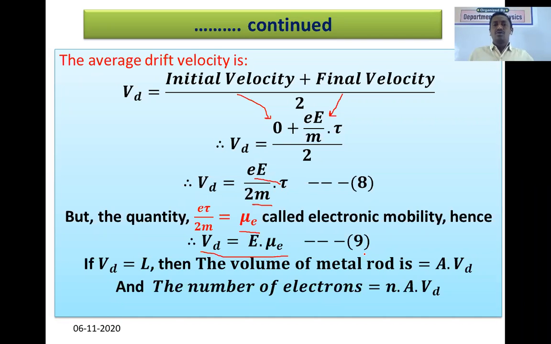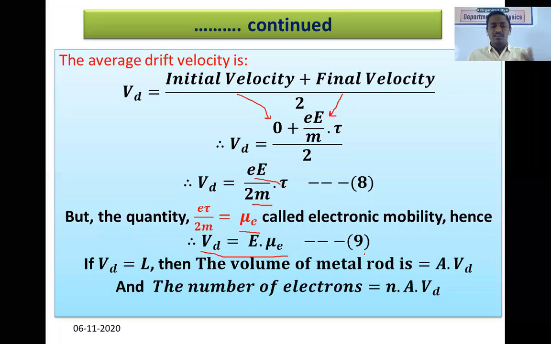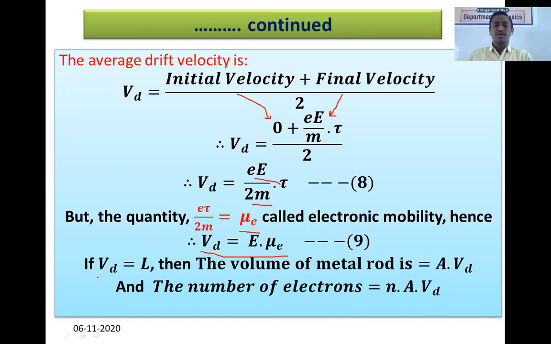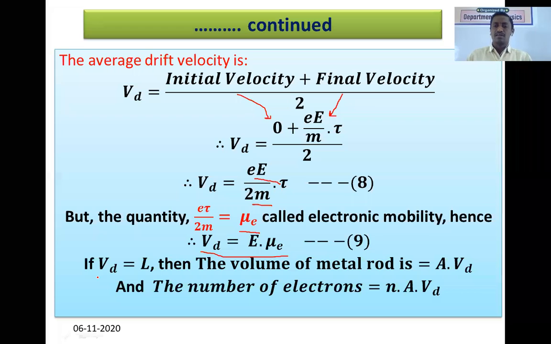Up to equation 9 all the things are very simple. Now let us move towards the further part of the expression. Just imagine the drifting of the electron is equal to the length of the conductor.